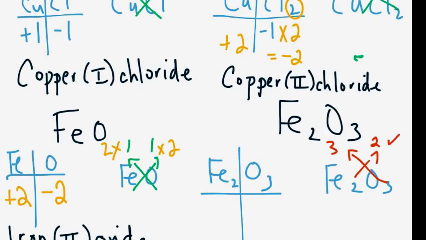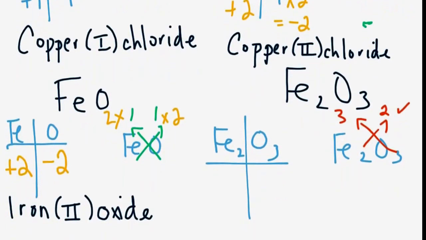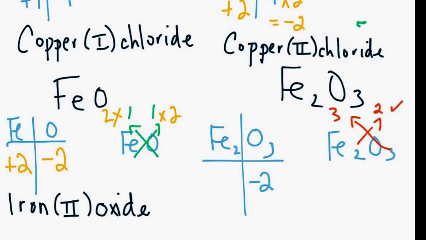If we look at zero sum, oxygen is -2. You notice for zero sum we always start with the negative first. There's 3 of them, so the total negative is -6.